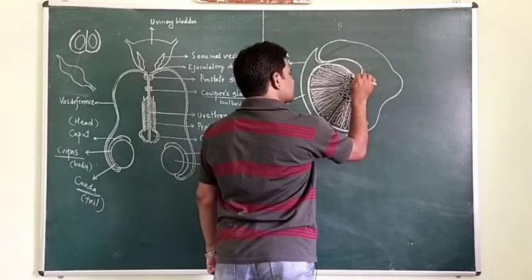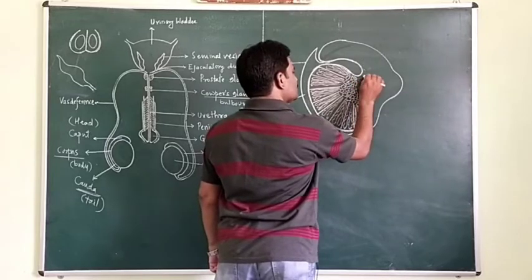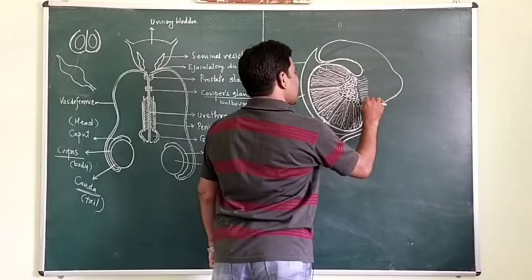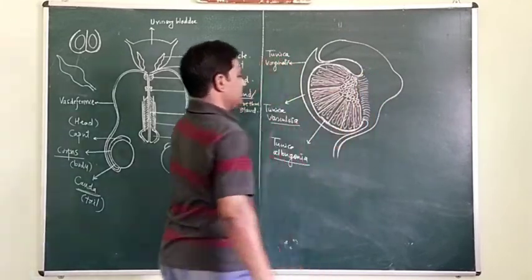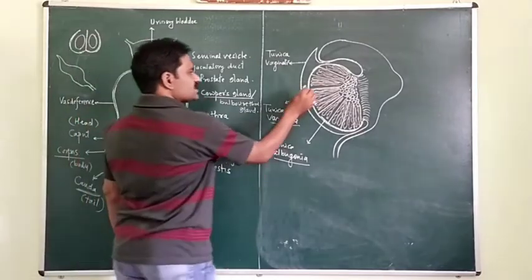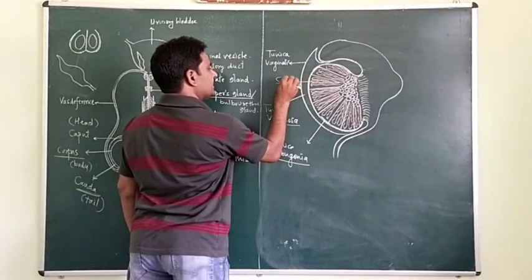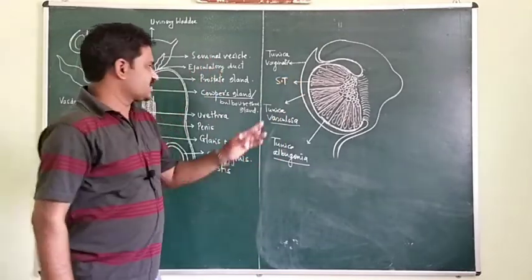Now this rete testis continues into small ducts, the vasa efferentia, which open into the epididymis. I write here ST, seminiferous tubules, in which spermatogenesis takes place.